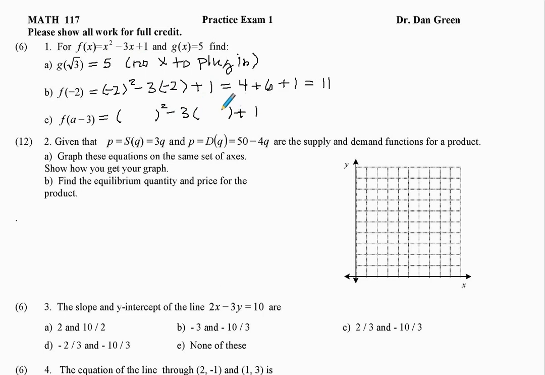So the x is what was going in the parentheses, and our x here is a minus 3. So that whole quantity goes inside the parentheses. So this is a minus 3 squared minus 3 times a minus 3 plus 1. And now here we can FOIL this out. Remember, that means a minus 3 times a minus 3.